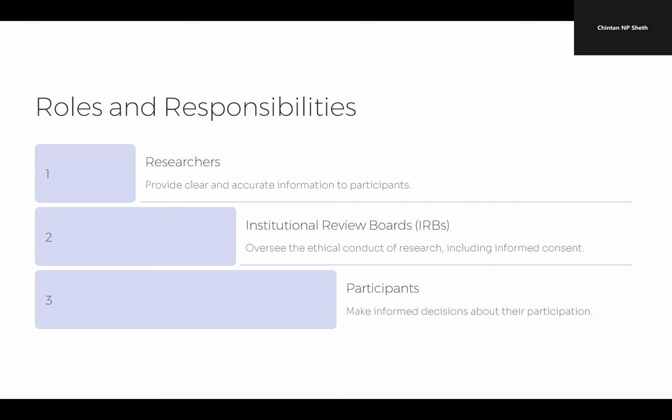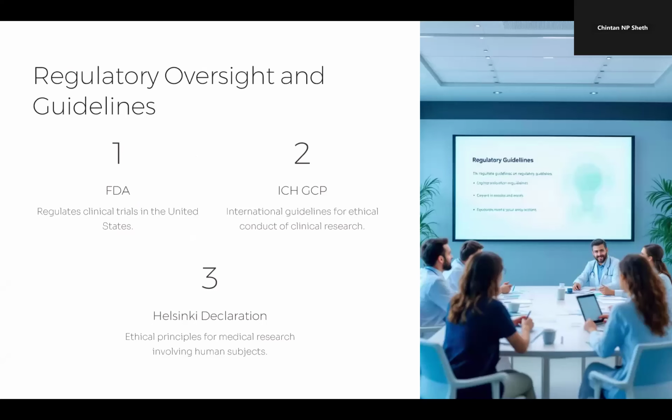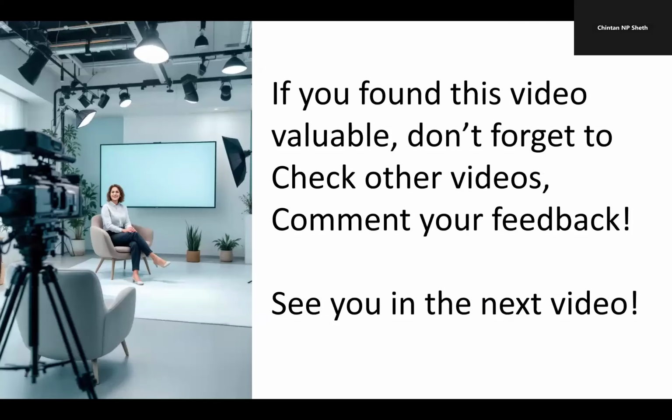And the role of participants is to make informed decisions about their participation. The regulatory oversight and guidelines which govern informed consent are US FDA guidelines or EMA guidelines, ICH-GCP, Declaration of Helsinki, and the local guidelines where the trial is taking place.